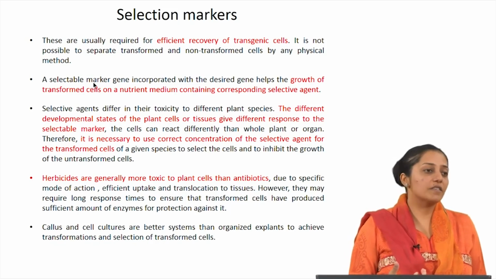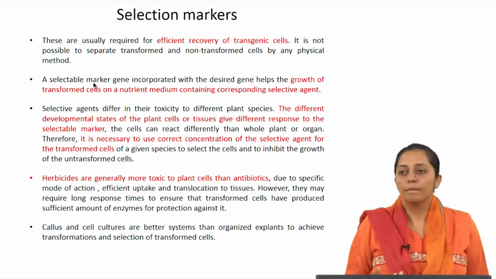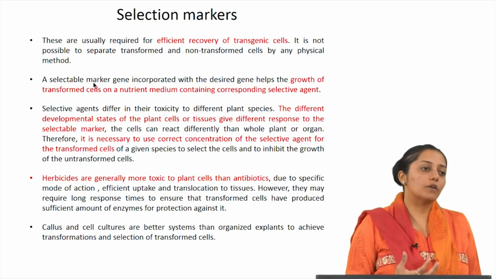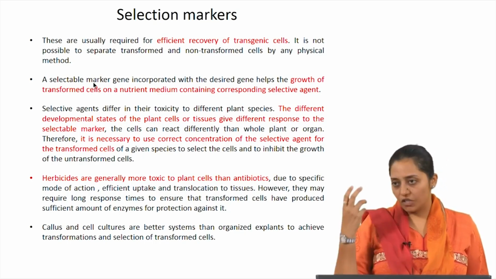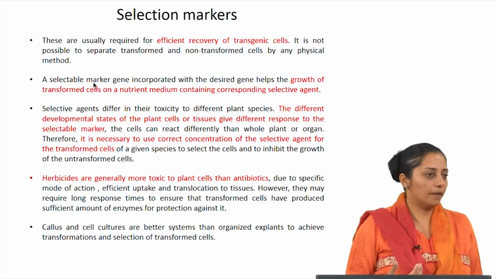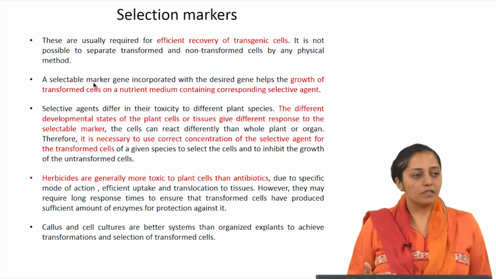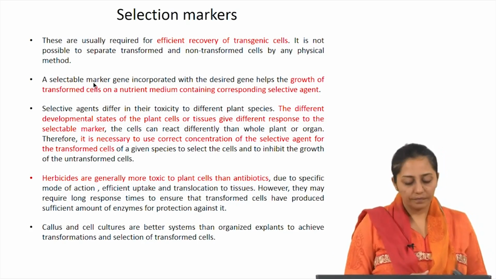Generally hygromycin is used because, kanamycin we have heard in bacterial transformations, but plant cells are found to be highly sensitive to hygromycin because of their uptake and its availability to plant cells and its effect on them. So the hygromycin system is used as a marker system.